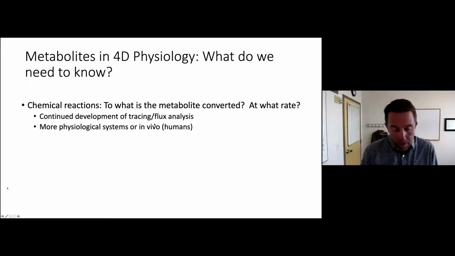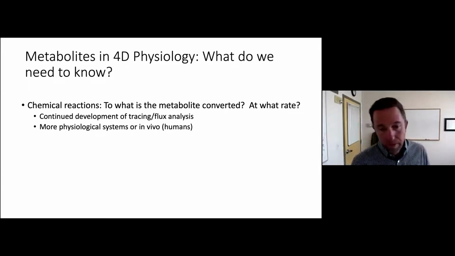And there are several people in this workshop who have done metabolic tracing in humans now, and allowed us to have a reasonably good surrogate of metabolic fluxes in vivo in a tumor, and through collaborations that we have in the heart, and other people have done this as well. And I think this is a really exciting development. And I think these are all areas that need to be continued to be advanced.